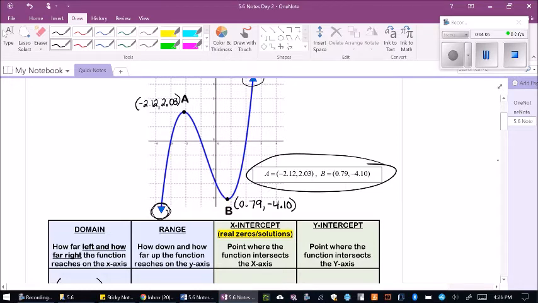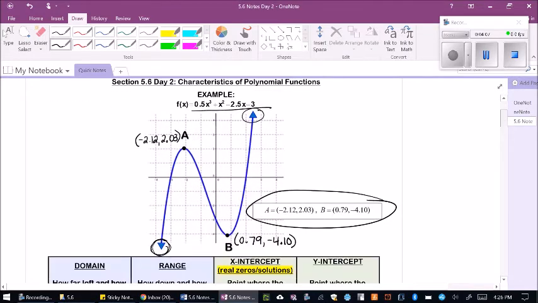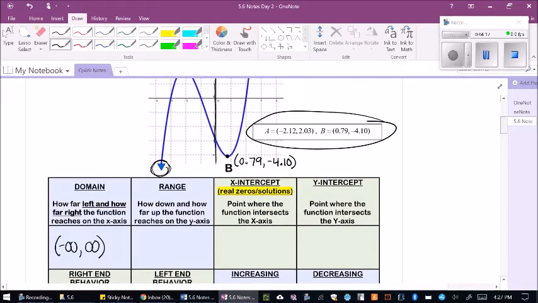So I'm looking at the y values, so I'm looking at the y-axis. I always think y to the sky. So y is the axis that goes up and down. And I'm going to see that I have this arrow. So this means that my graph is going to go down forever and ever.